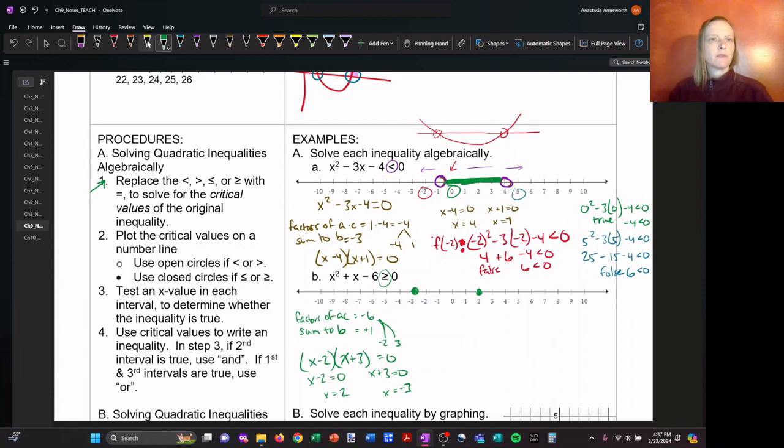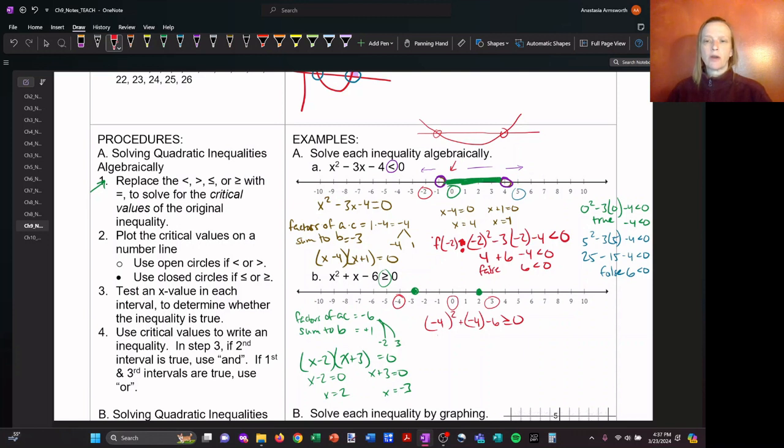So let me choose a few test numbers. I'll try -4, I'll try 0, and I'll try +3. Let's plug -4 in first. -4 squared plus -4 minus 6, is that greater than or equal to 0?